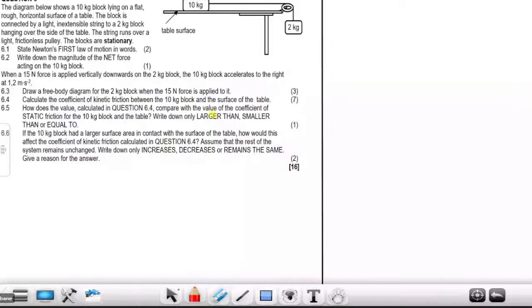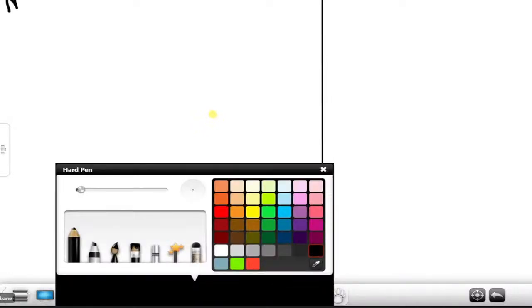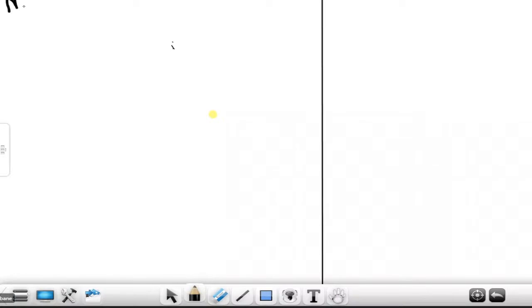So let me quickly remove this and say, with Newton's laws, ladies and gentlemen, this pen is too thick. With Newton's laws, like we said, it will be plus minus 35 marks in an exam.